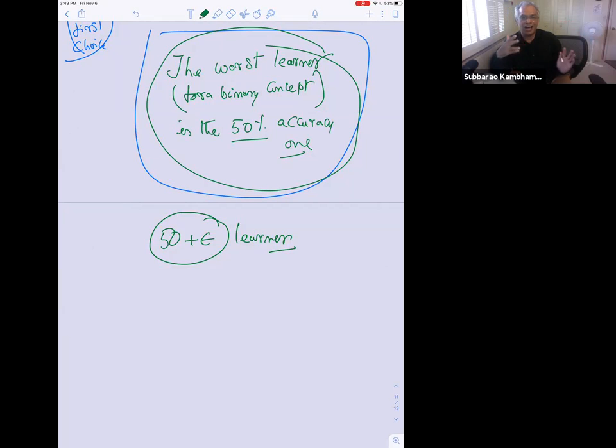So he starts doing everything opposite to what he thinks he should be doing, and he does extremely well in that particular episode. That's exactly what we are saying. So in fact, a learner that has 0% accuracy on a binary classification is amazing, because the negative of that is a 100% accurate learner.